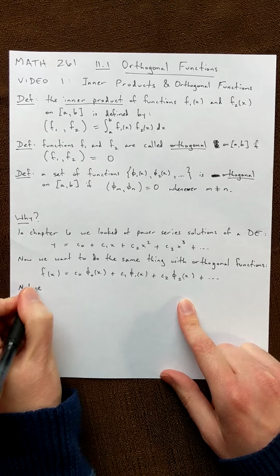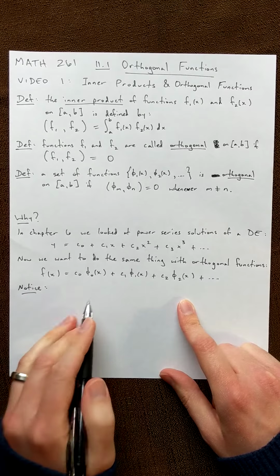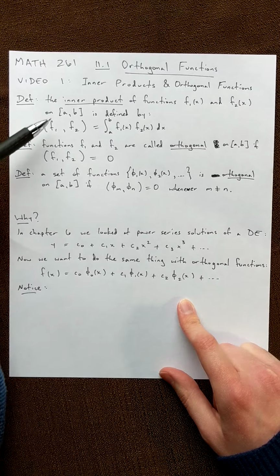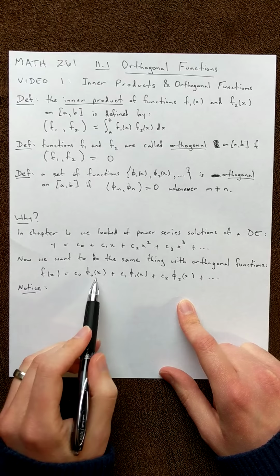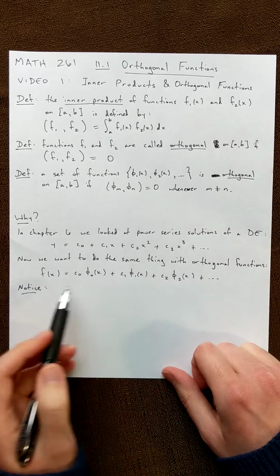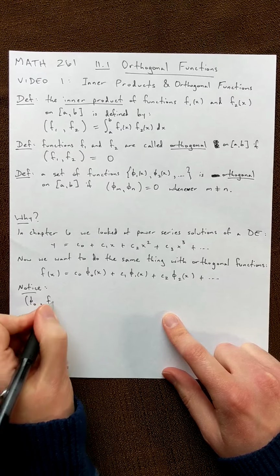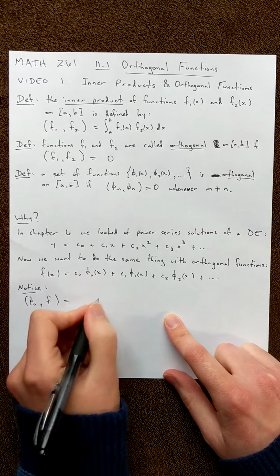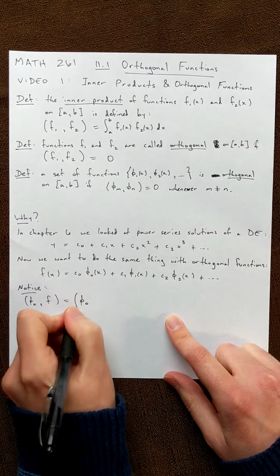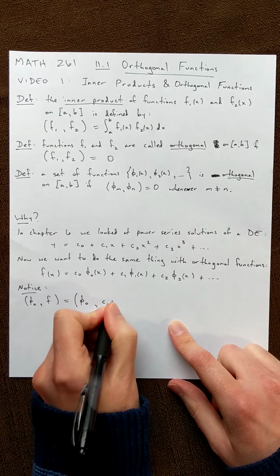What I'm going to do is take the inner product, this new thing we defined above, of phi 0 with both sides of the equation. So phi 0 comma f. And on the right side, it'll be phi 0 comma everything that's already written down.